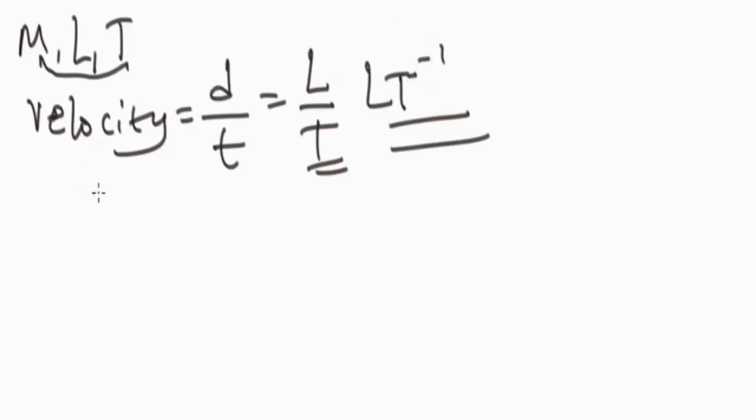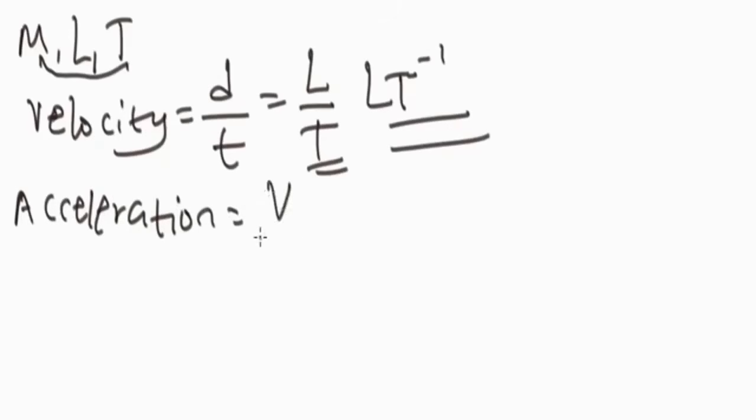Now let's look at another example. What if we are asked to find the dimension of acceleration? Acceleration is calculated using velocity over time. You know velocity is length over time, and when we talk about distance, we're talking about length.